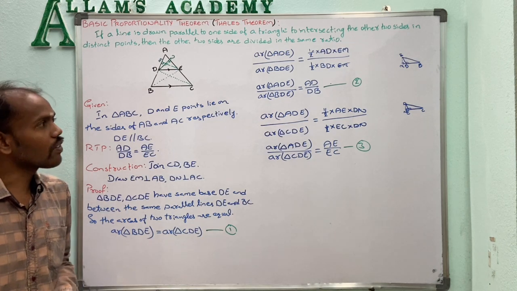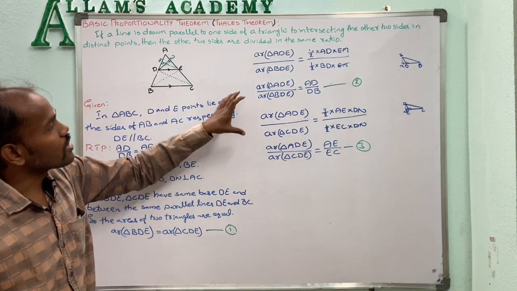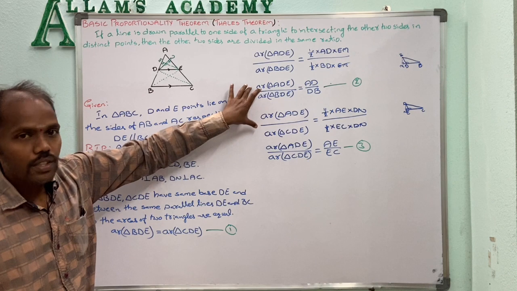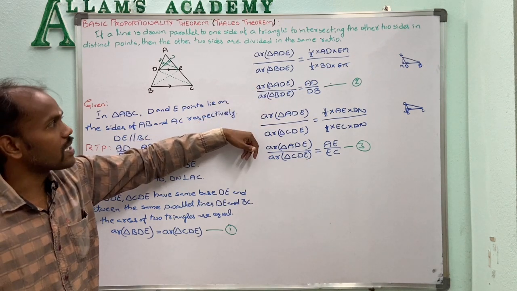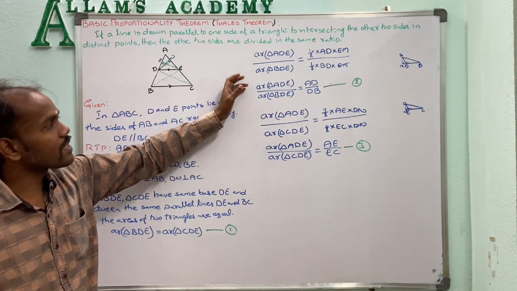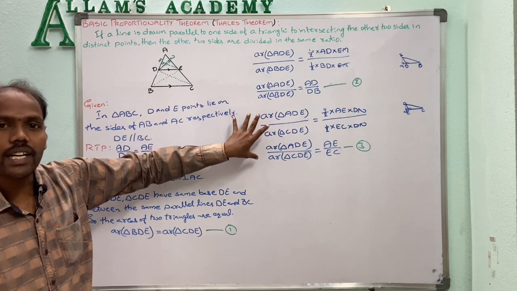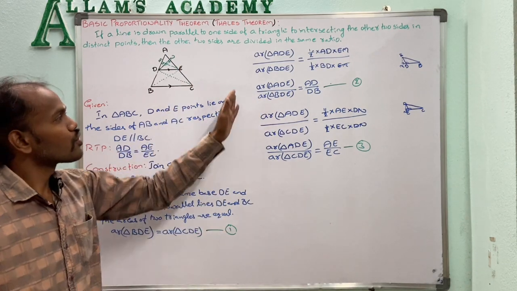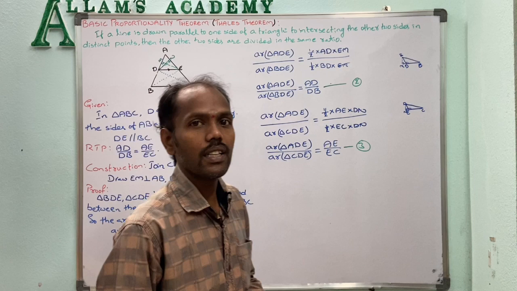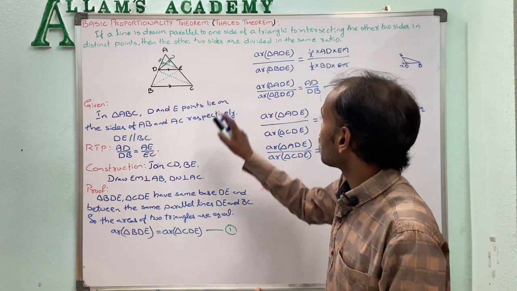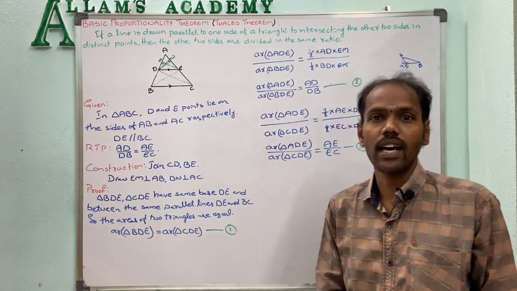From the first equation we know that these two areas are equal. That means in equations 2 and 3 the numerators are equal and the denominators are also equal, so the left sides of the two equations are equal.